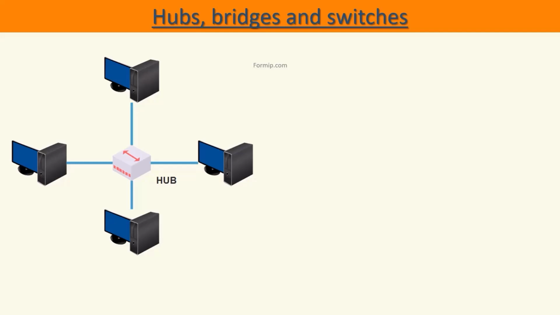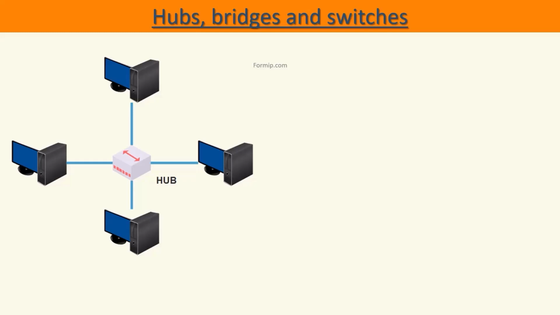To avoid these collisions, it is possible to use the CSMA/CD protocol. The more computers there are in this type of network, the more likely there are to be collisions. In this topology, we have 4 PCs and a hub in the middle.